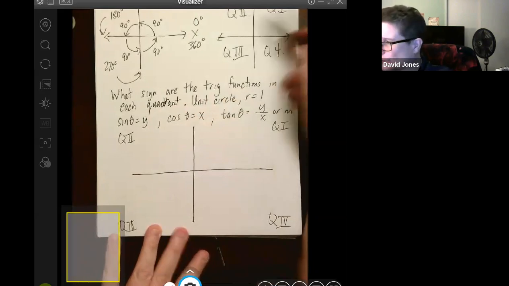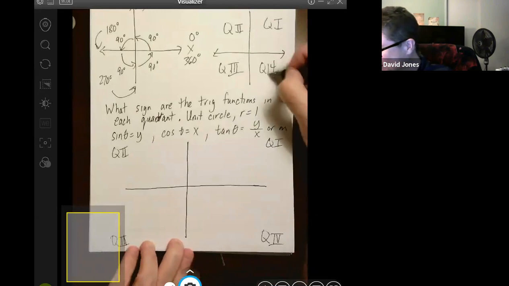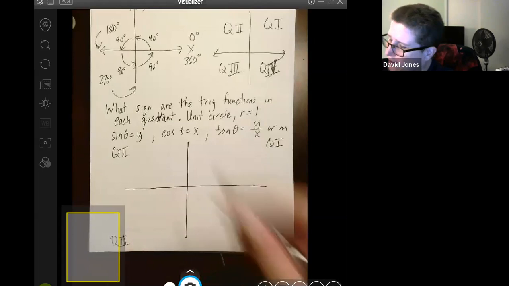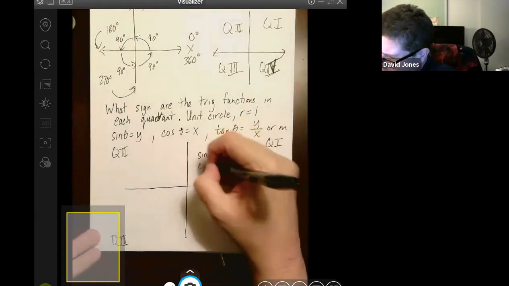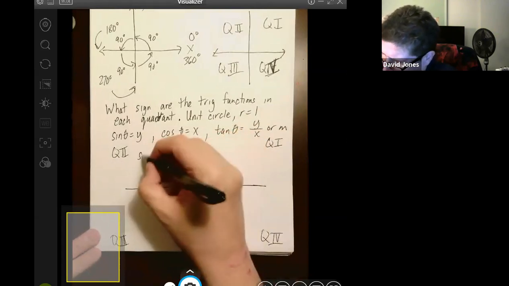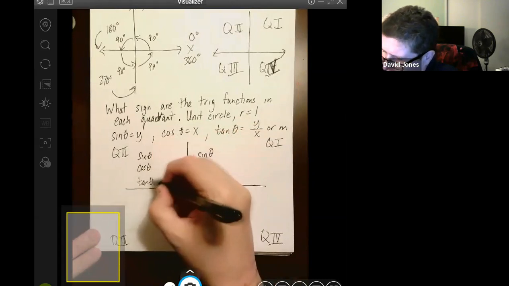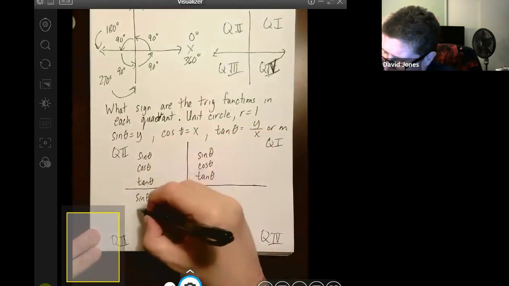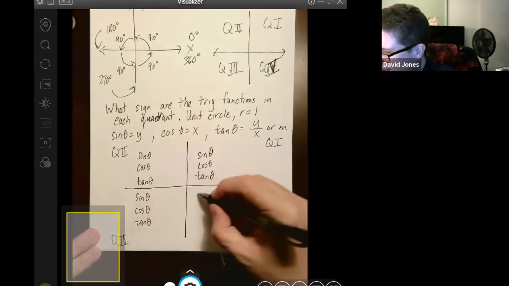I did 1, 2, 3, and then I wrote 4 up here in regular numbers. That was lame. And in each quadrant, I'm going to look at sine, cosine, and tangent. Because in each quadrant, they don't change. Anywhere in that quadrant, they stay the same.